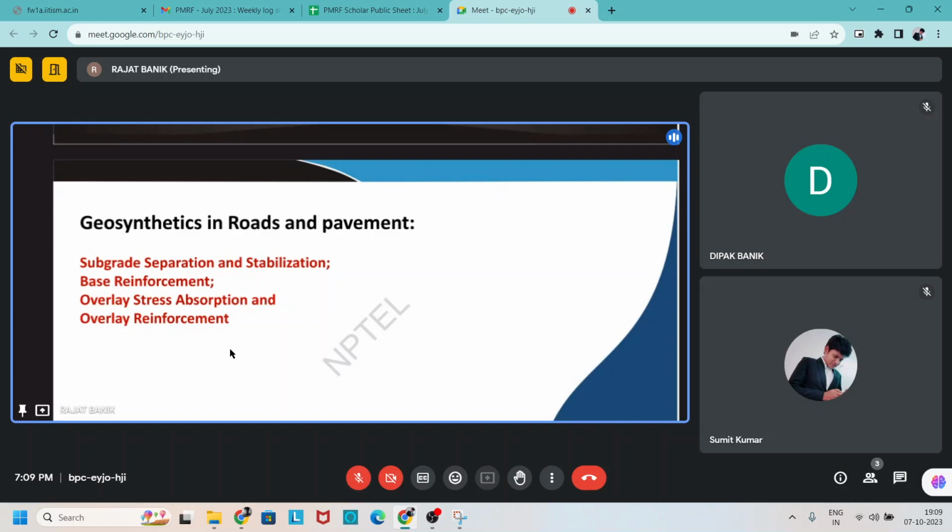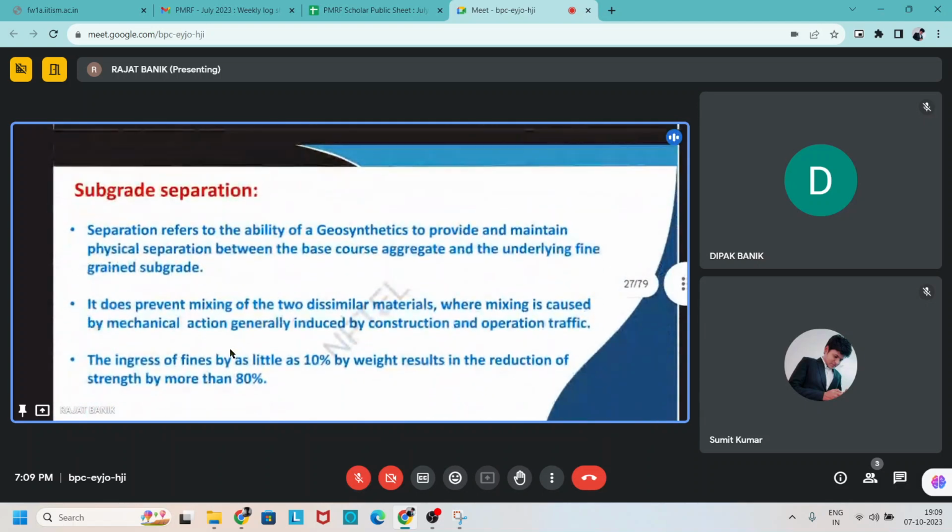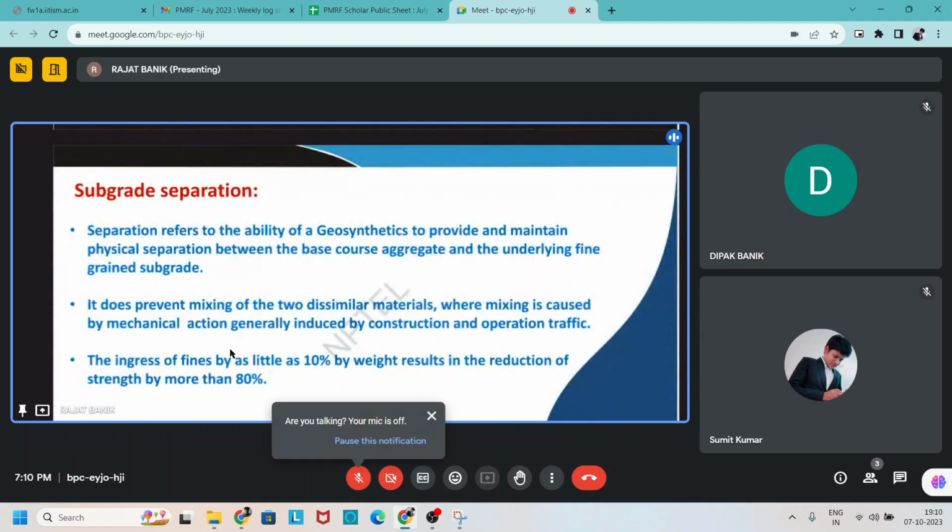So in different ways we can use geosynthetic material for pavement: to stabilize the subgrade, reinforce the base course, and for stress absorption also. Then subgrade separation in road embankment.